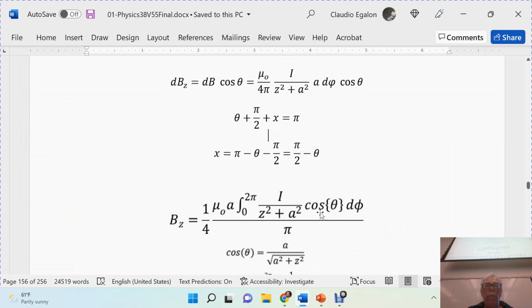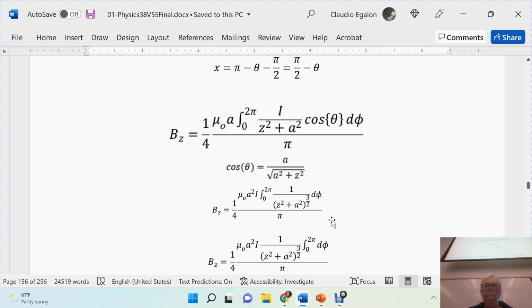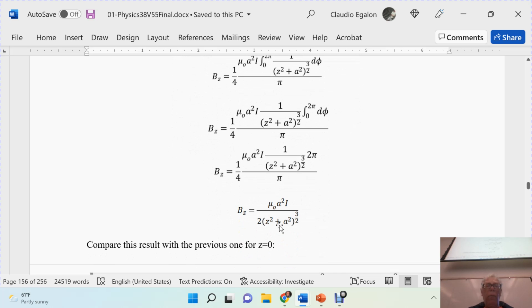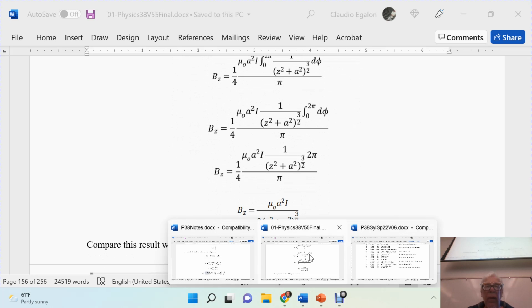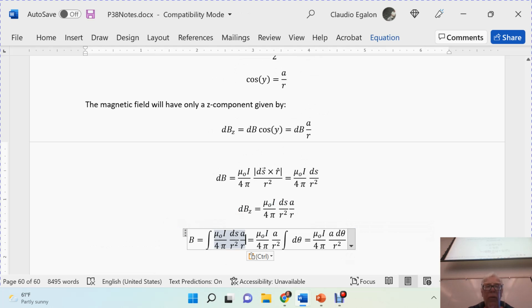This one here is cosine of theta, and you can write that down in terms of z and a. You're going to integrate over the full circle, and you're going to get 2 pi in there. You get something like that. So let's do that step by step. It's always good to do that.